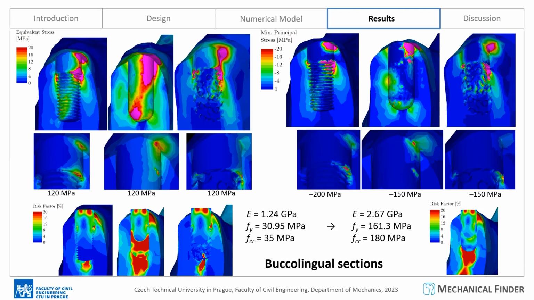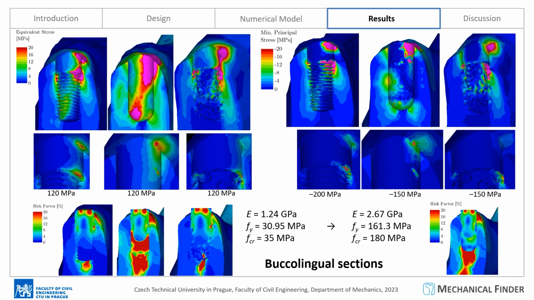As the modulus determines also the overall porosity and therefore strength, I designed the modulus to increase from 1.24 gigapascals to 2.67 gigapascals, which is the value for another specimen that I have the data available for from previous mechanical tests. I reanalyzed, and from the image on the bottom right, you can see that these material properties should be enough.